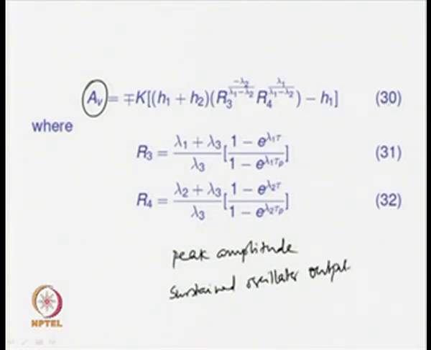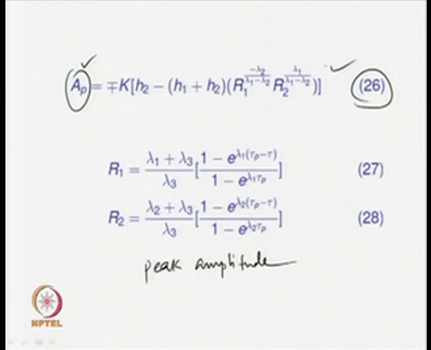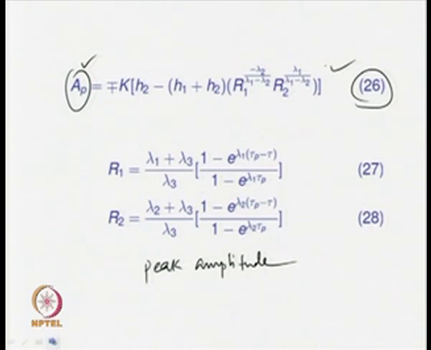Those 4 equations, numbers 17, 18, 30 and 26, are very important for us, using which it may be possible to estimate a number of unknown parameters associated with the transfer function model.